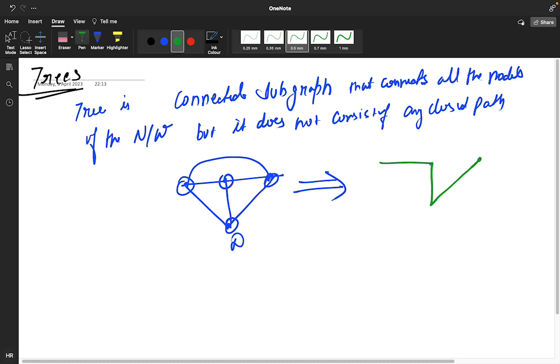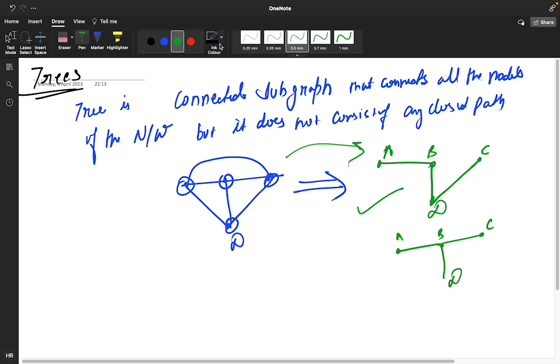So all my nodes are connected, A, B, C, D, but I am not getting any closed path. And it could be like this also, A, B and C and D. So there are many trees you can form from the graph. So it is a subgraph of this.